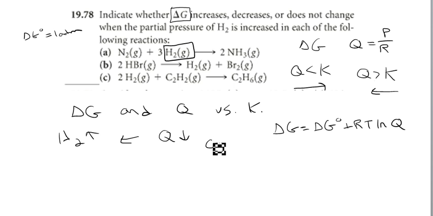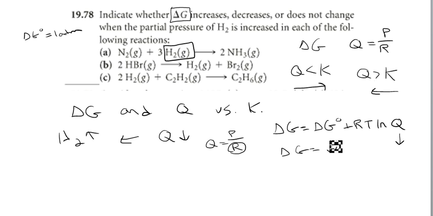Q is products over reactants, and we are increasing a reactant, so our denominator is going up, so Q must be decreasing. And if we look at this equation, if Q is decreasing, then this whole sum value is getting smaller, then delta G is getting smaller.